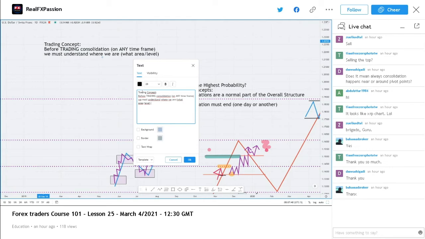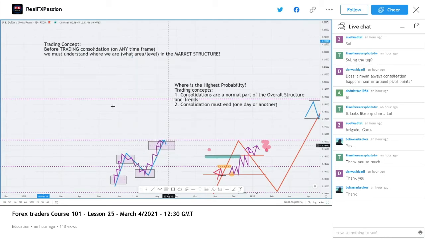We must understand where we are, at what area, what level in the market structure. Make sense? It's a trading concept.